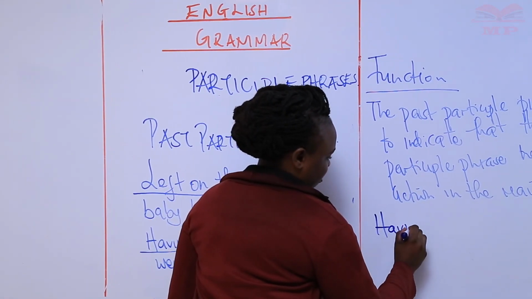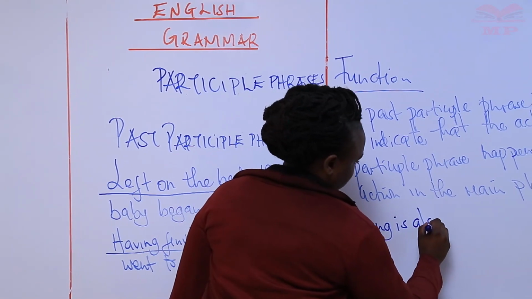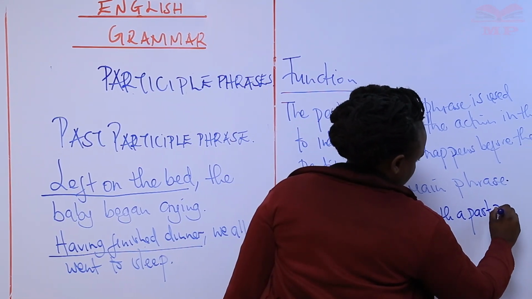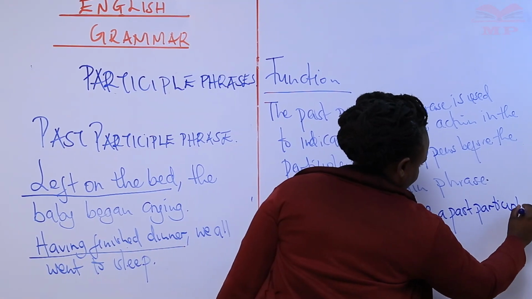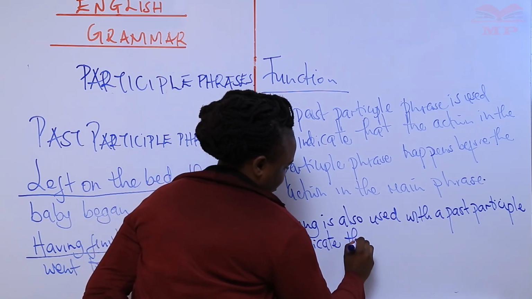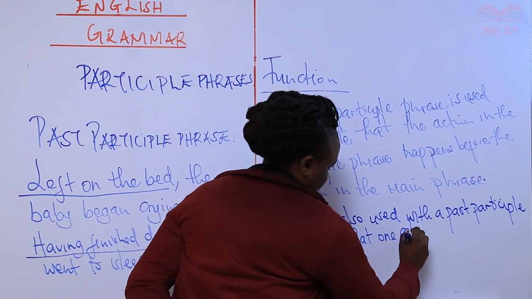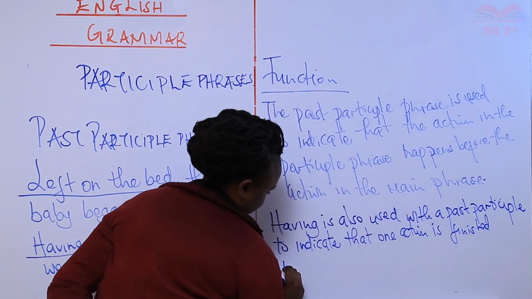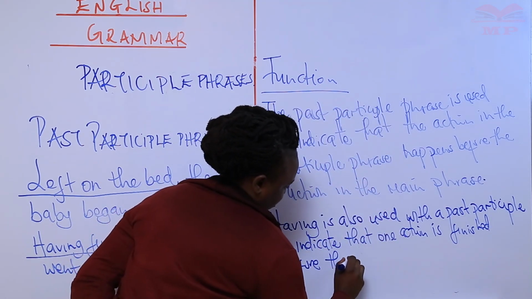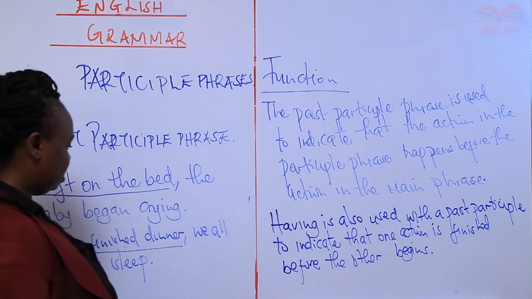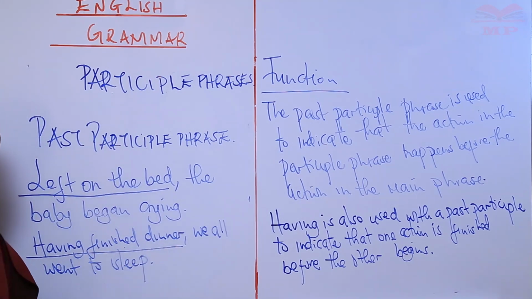Having is also used with a past participle to indicate that one action is finished before the other begins. So having finished dinner happens before the going to sleep. Okay, let me add you one more example.